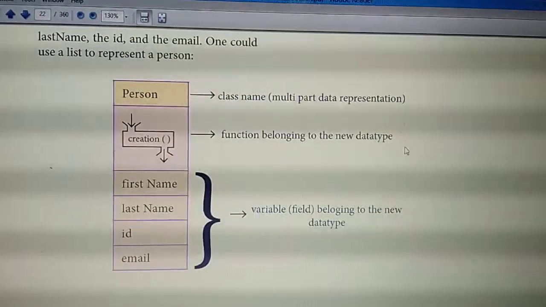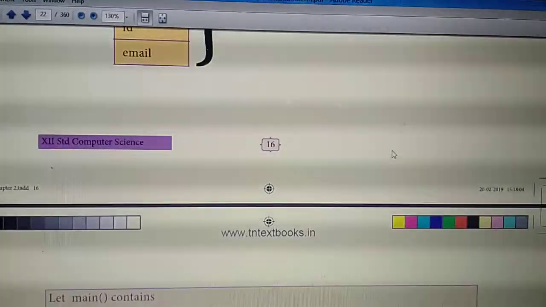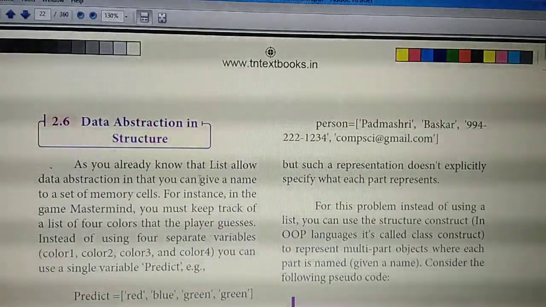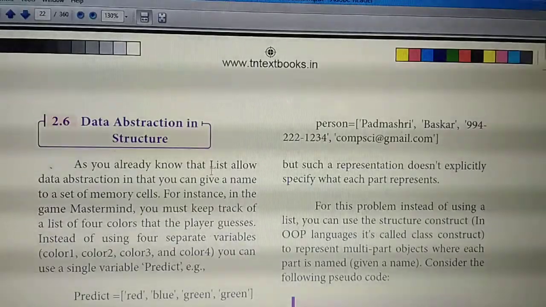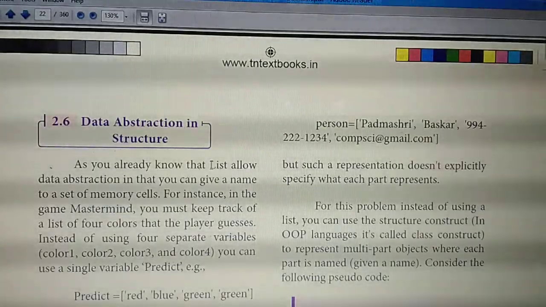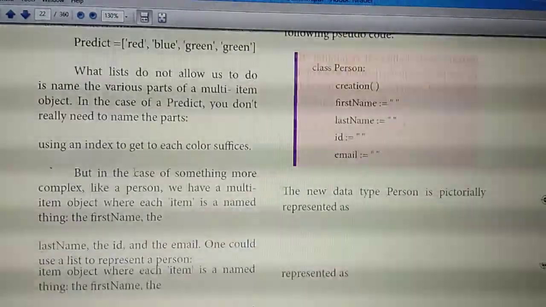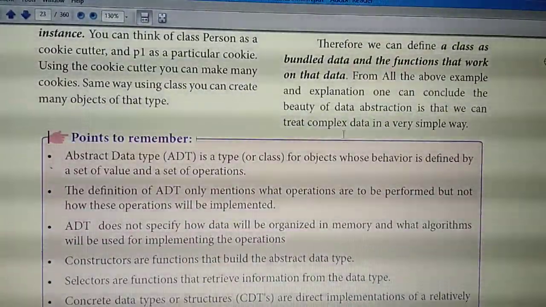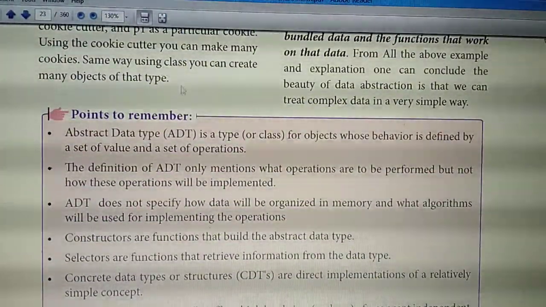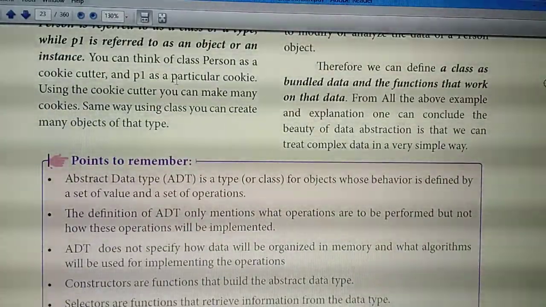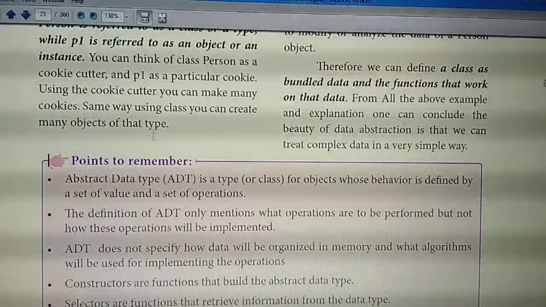For this question, page number 16, starting from here: lists allow, under the heading data abstraction in structure. Starting from here, lists allow, from here till the next page, up to this: objects of that type.